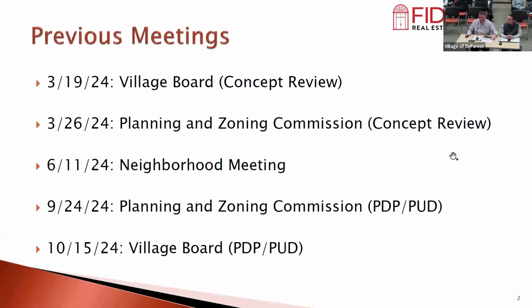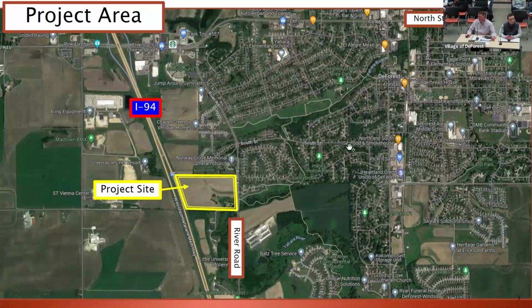Just to recap, and a lot of this presentation tonight will be recapping, since it's the third go at it here with this group: village board meeting last March, planning and zoning in March. We did have a nice neighborhood meeting back in June. Planning and zoning again back in September, and October, the village board. So just a quick reminder on the site, located between 94 and River Road, just south of Norway Grove.